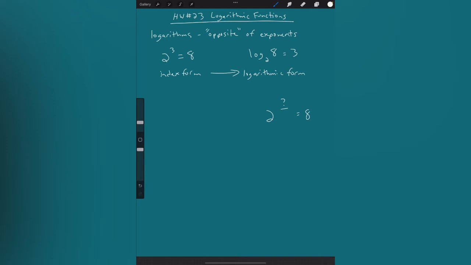Look at this number down here, 2 to the what power equals 8. We know that 2 to the third power equals 8, so the log 2 of 8 is equal to 3. So you can switch back and forth between logarithmic form and index form.